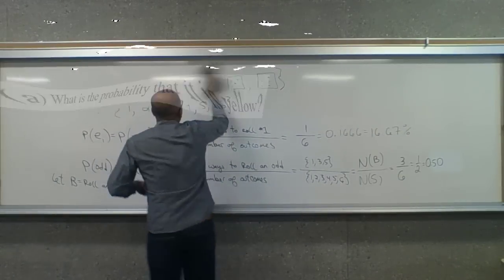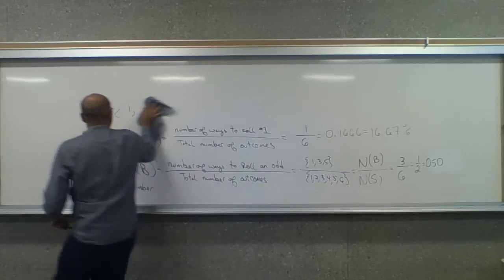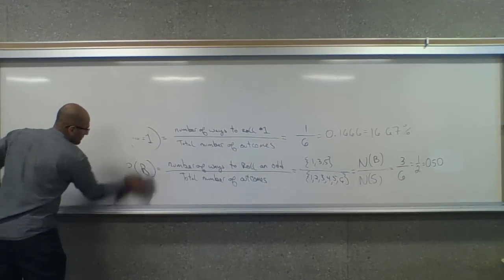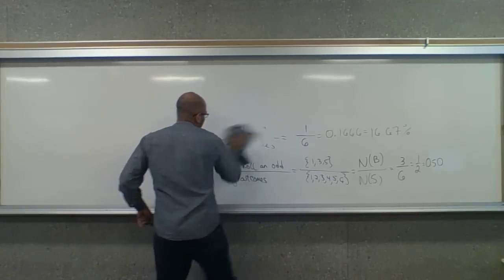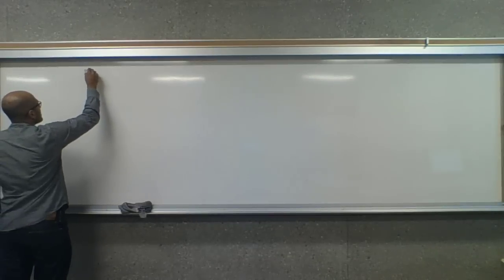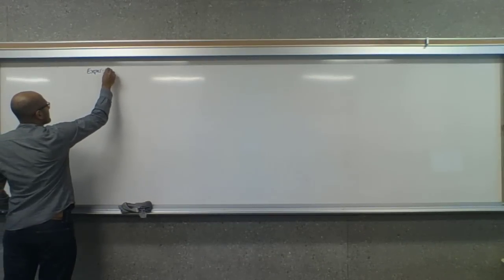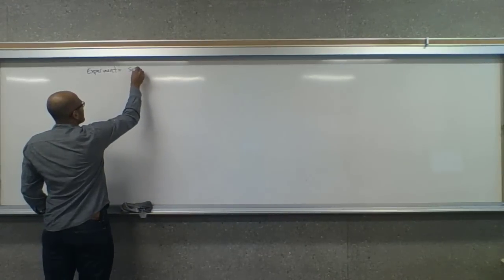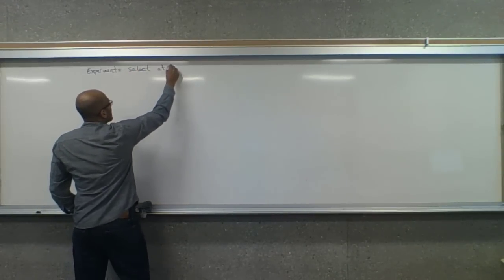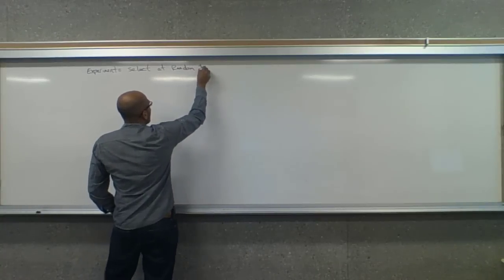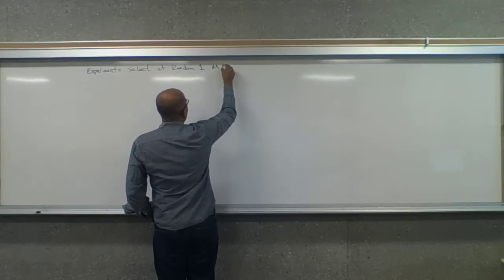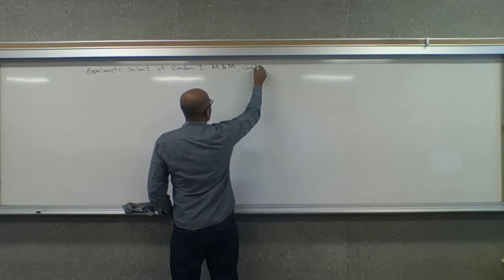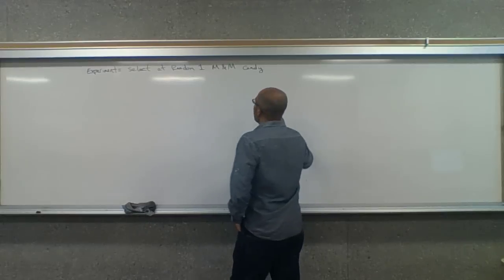The experiment is to draw one candy and take a look at its color, right? So the experiment is to select at random one M&M candy and note the color.